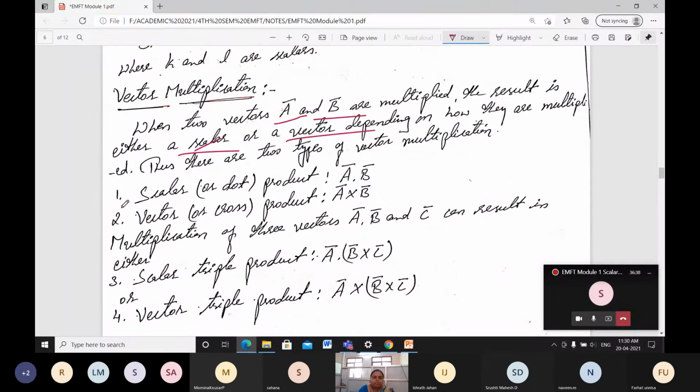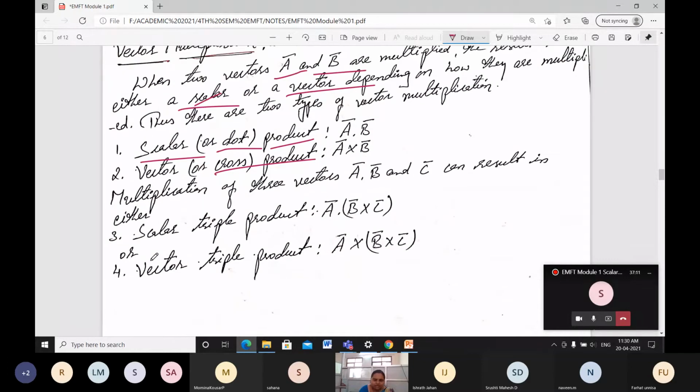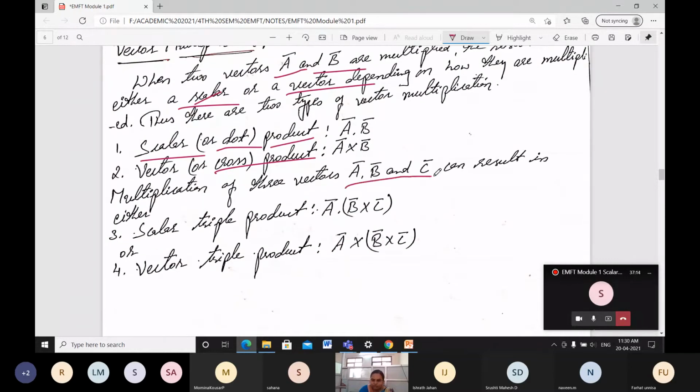Based on that, the scalar quantity, or else we call it the dot product, is represented as vector A dot vector B. Then if I represent a vector, it is a cross product, represented as vector A cross vector B. The multiplication of three vectors, A, B, C vectors, can result in two ways when I multiply these three.